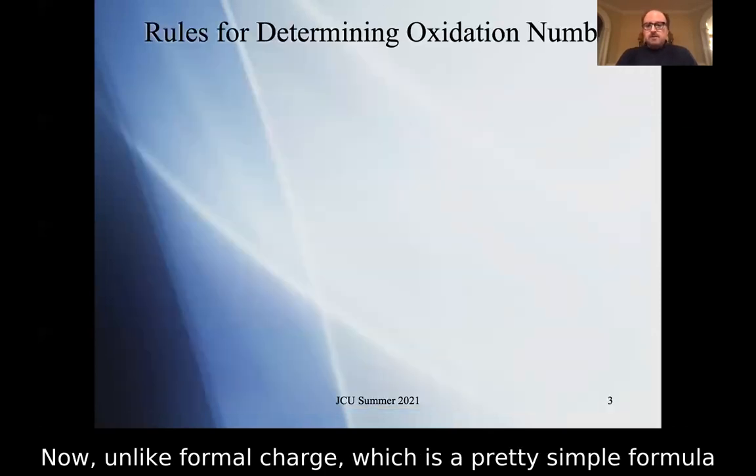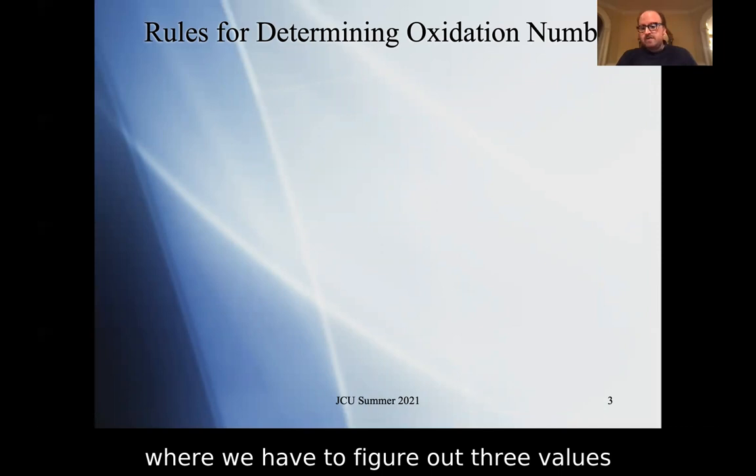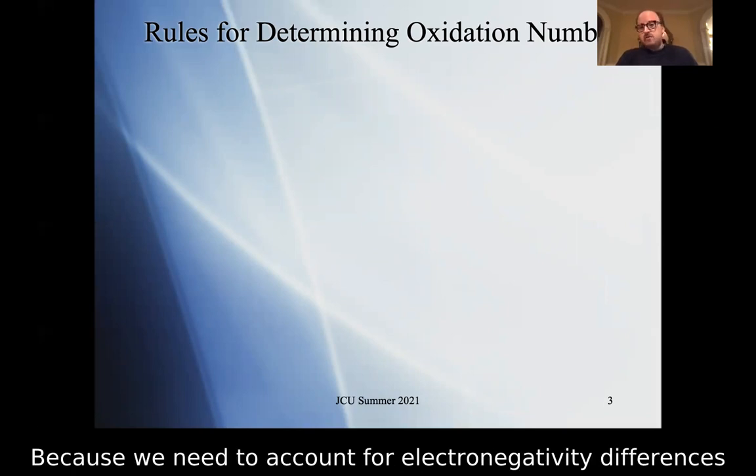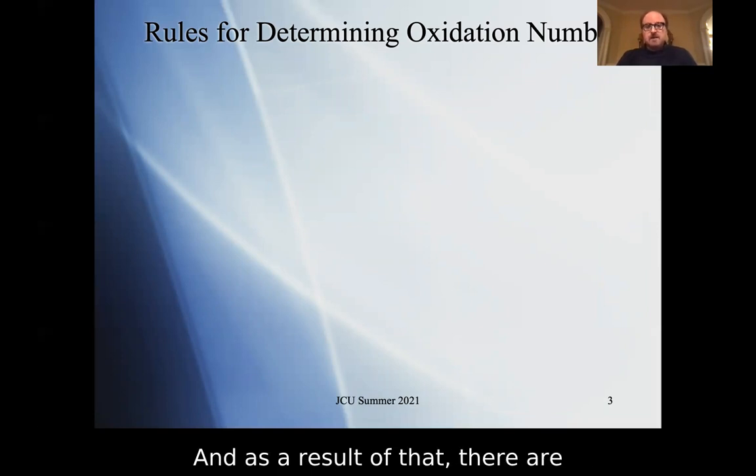Now, unlike formal charge, which is a pretty simple formula where we have to figure out three values and subtract them from each other, the rules for determining oxidation state are a little bit more complicated because we need to account for electronegativity differences between the elements. As a result, there are layers to the rules.